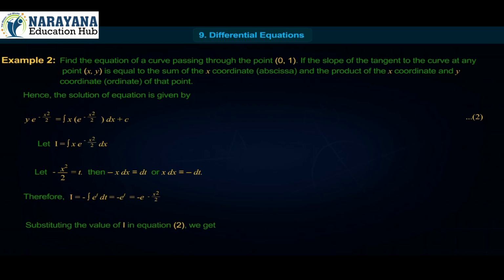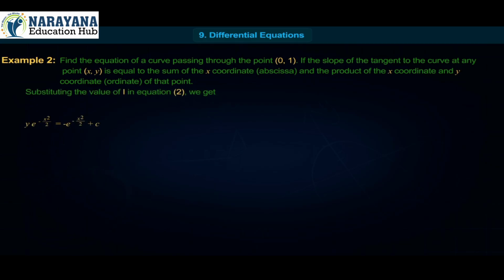Substituting the value of I in equation 2, we get y e raised to minus x squared by 2 is equal to minus e raised to minus x squared by 2 plus c. Therefore, y is equal to minus 1 plus c e raised to x squared by 2.